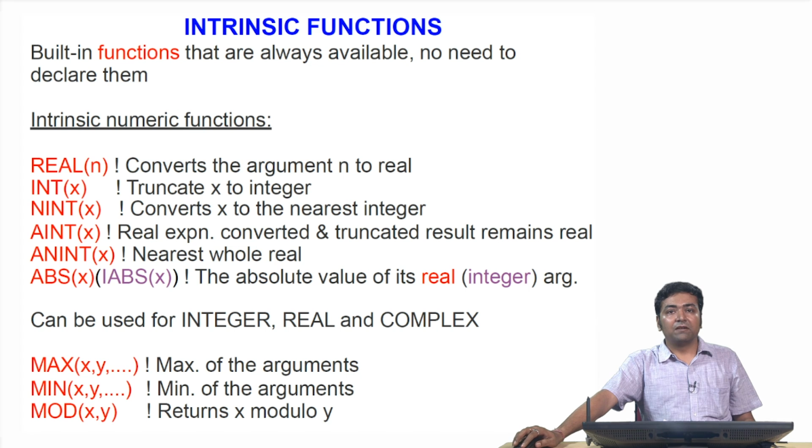Also, suppose you have a set of numbers and you want to find the maximum or minimum value, or do a modulo operation, you can use Fortran intrinsic functions. For example, max gives you the maximum value of a set of numbers given in the argument, min gives you the minimum value, and mod gives you x modulo y.